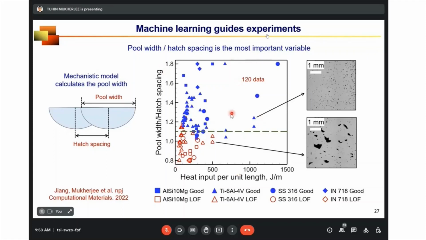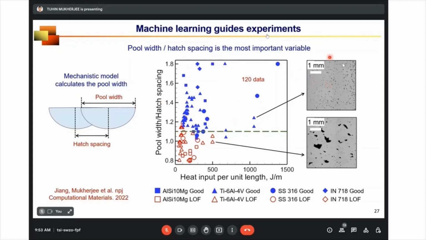gather all the experimental data, here I have 120 data points for 4 commonly used alloys that we use for additive manufacturing. You can see that this most important variable can actually give us a threshold above which all experiments are good.